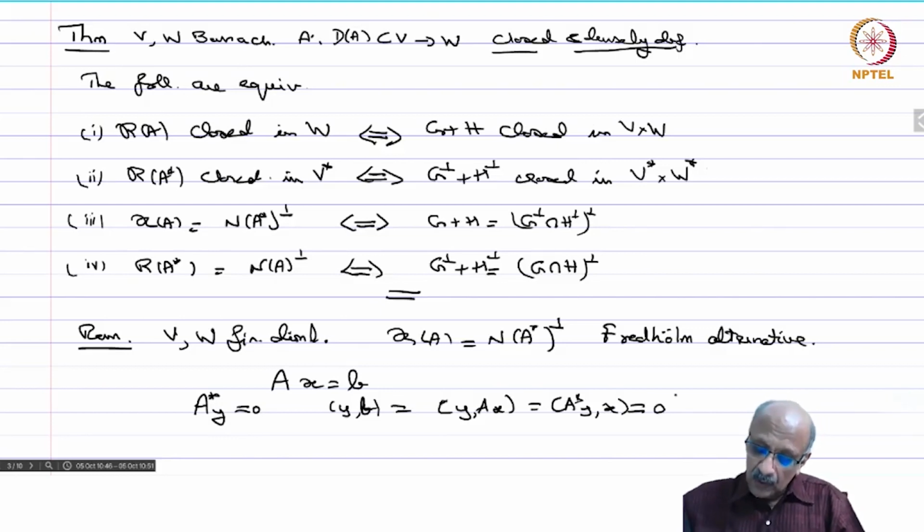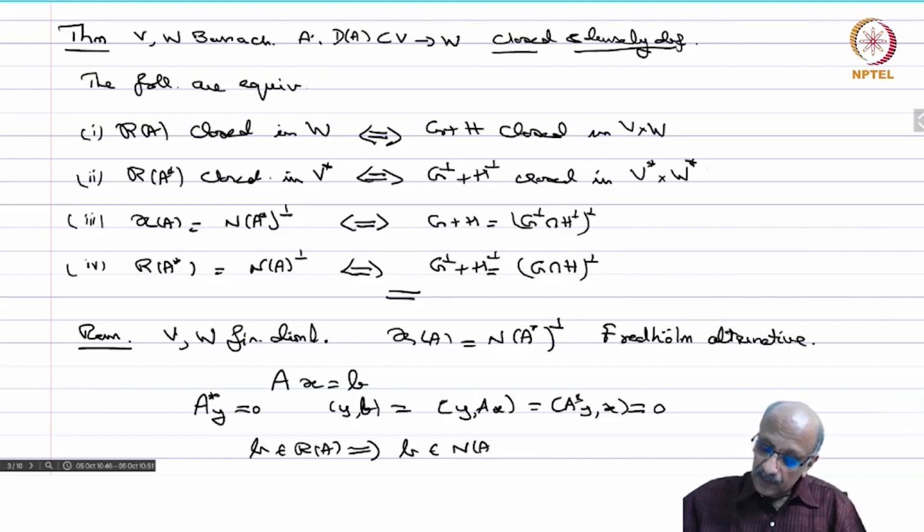Okay. So if B belongs to range of A, this implies that B belongs to null space of A star perp. And then by a dimension argument you can show, in fact it works both ways, and therefore you have this Fredholm alternative.